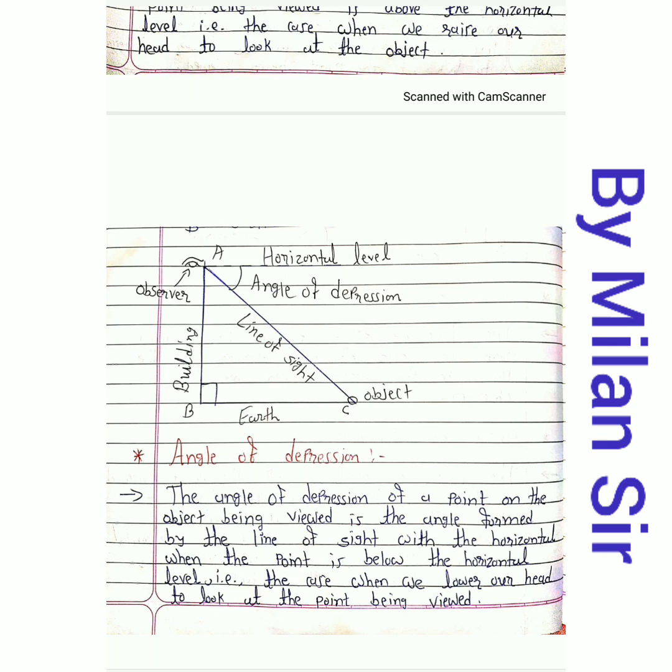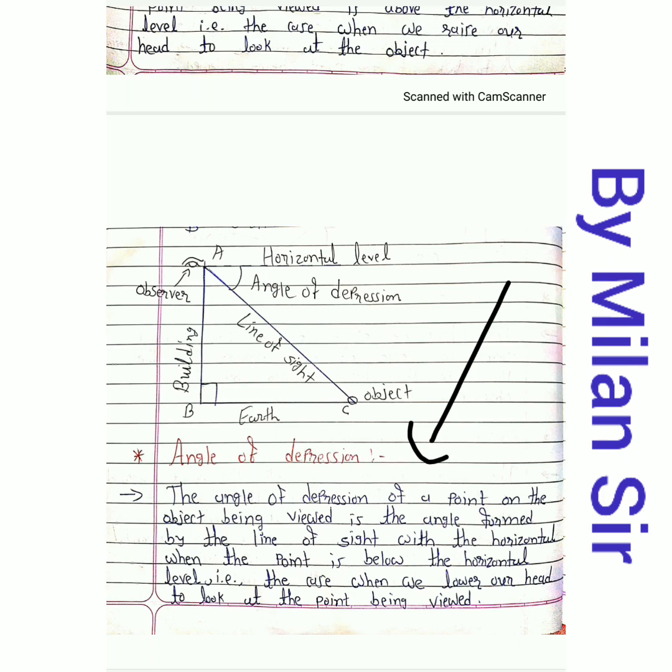So in the two cases, angle of elevation and angle of depression, in the case of angle of elevation our object is above the horizontal level, and in angle of depression our object is below the horizontal level. Okay, so here one definition is given. Just read the definition.